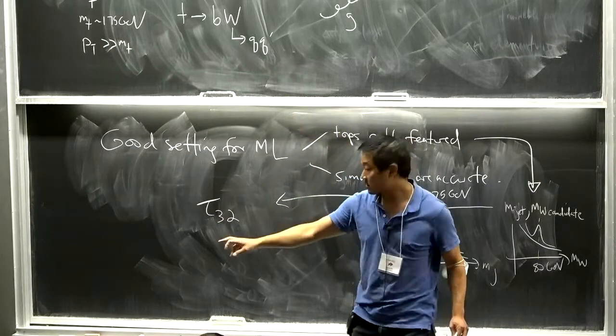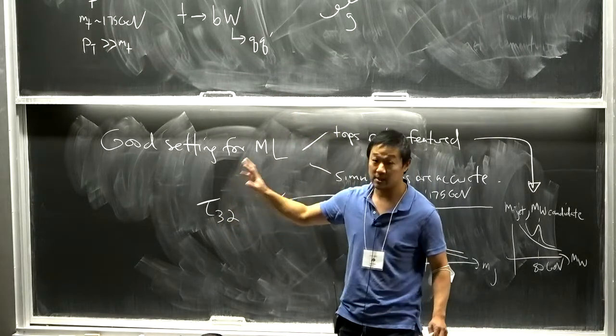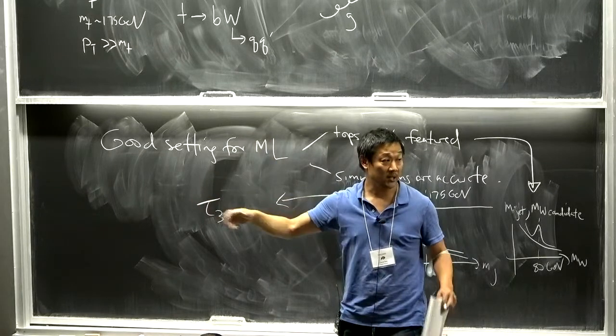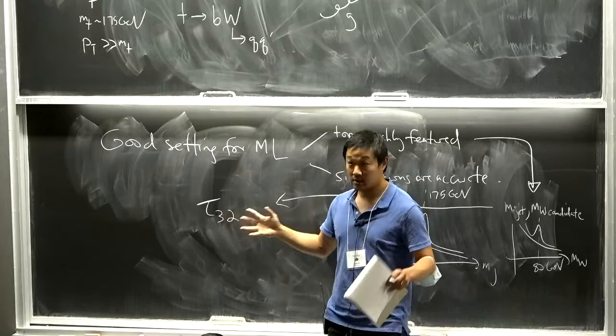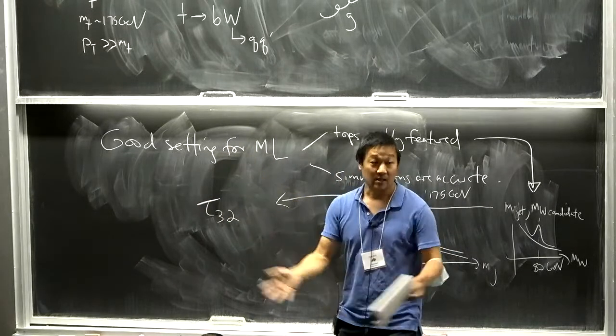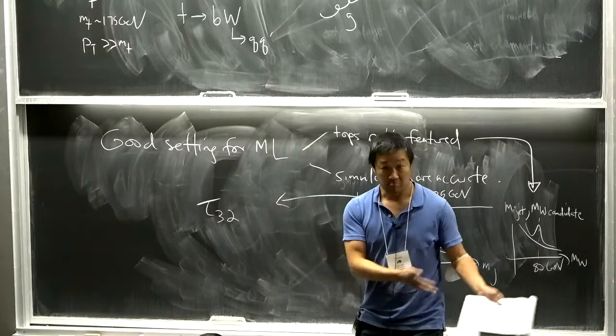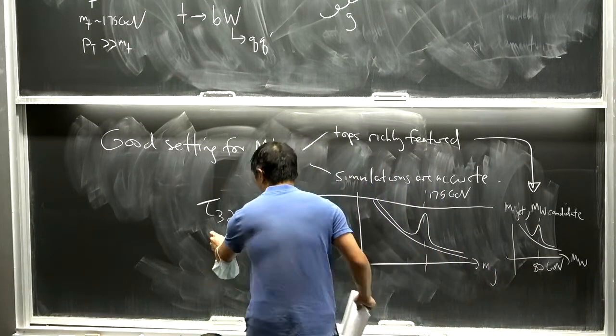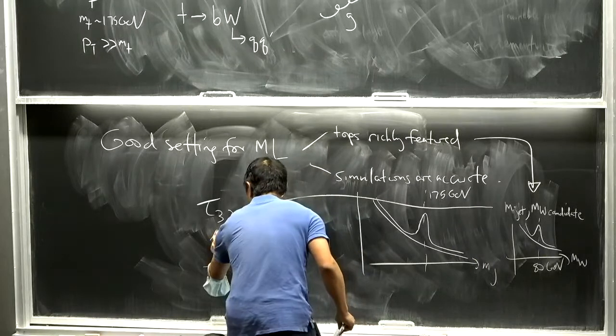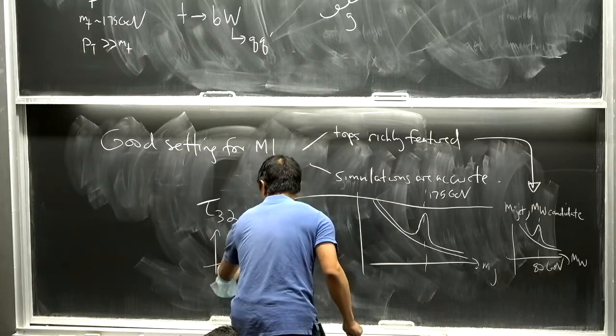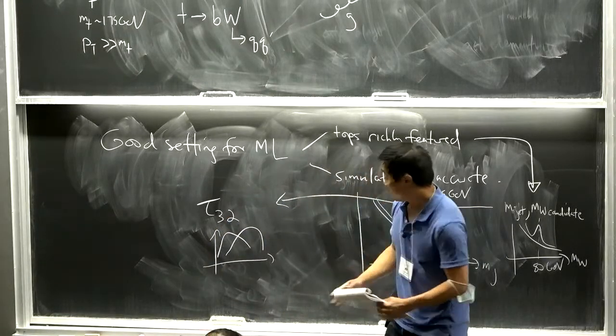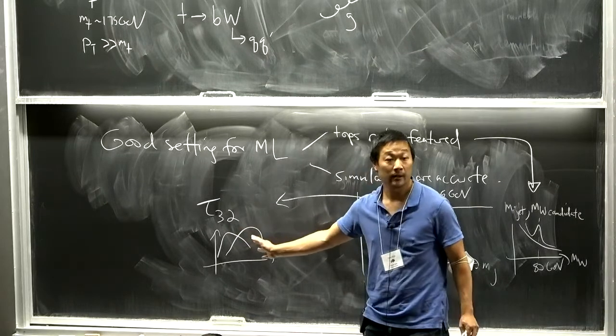If it has exactly 3 subjets rather than 2, the N-subjettiness peaks. If it doesn't have exactly 3 subjets, it peaks somewhere else. So if you plot N-subjettiness for tops versus QCD, you get a nice separation.